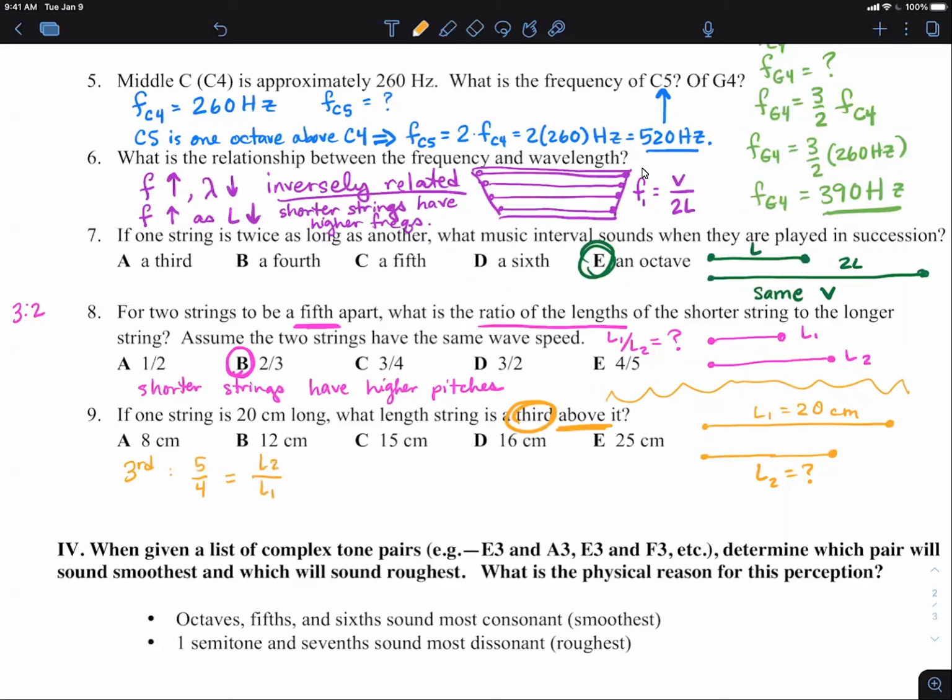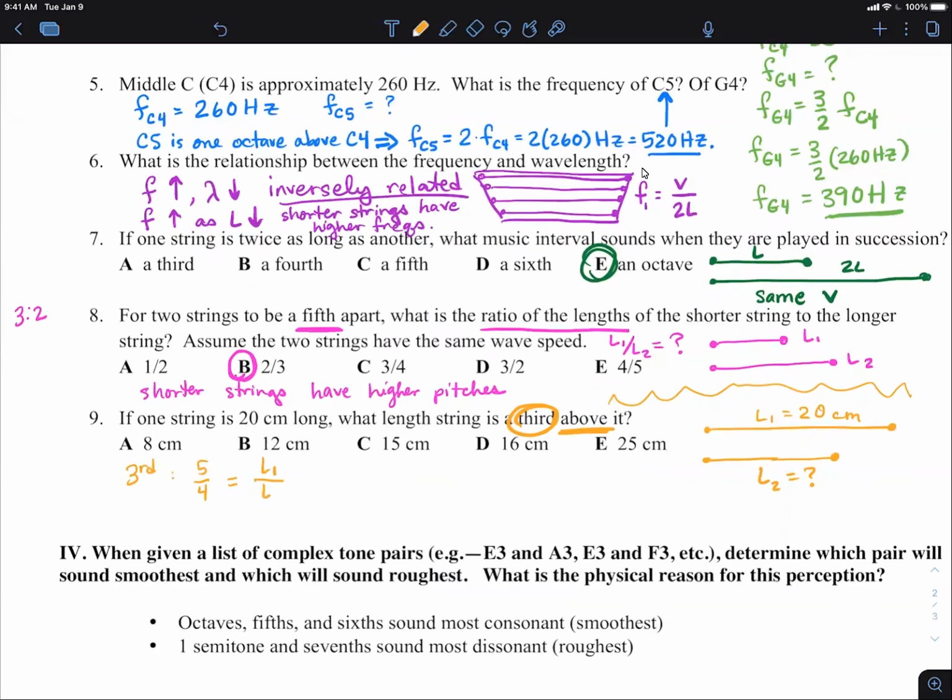And if you rearrange this, I did that backwards. The longer one, which I called L1 in this case, which is 20 centimeters, we'll just write the number in there. 20 centimeters over the length that we're looking for has to be equal to 5/4. So I can rearrange that equation, multiply both sides by L2 and by 4 to get 4/5 of 20 centimeters, which if you multiply that out would be 16 centimeters.